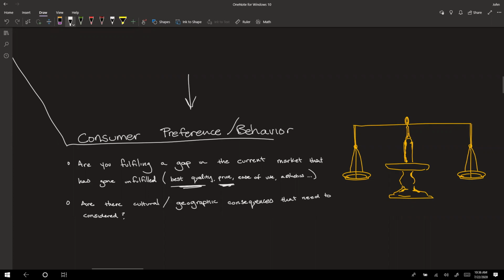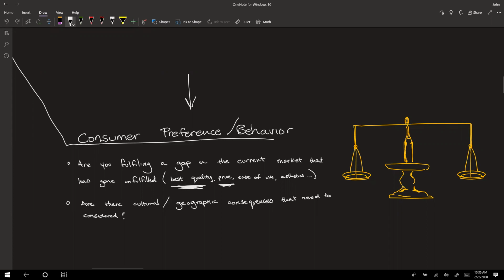So you want to be more cautious about your prices, but Chicago customers don't care about the quality as much. It can be a lower quality, but if it's a good bargain, then they'll go for it. Whereas maybe in New York, they're less price sensitive, but they're very focused on quality, right? If it's bad quality, then there's no chance that you're going to sell in New York.